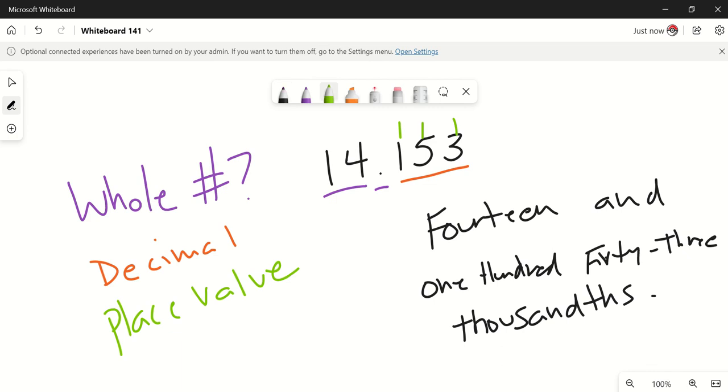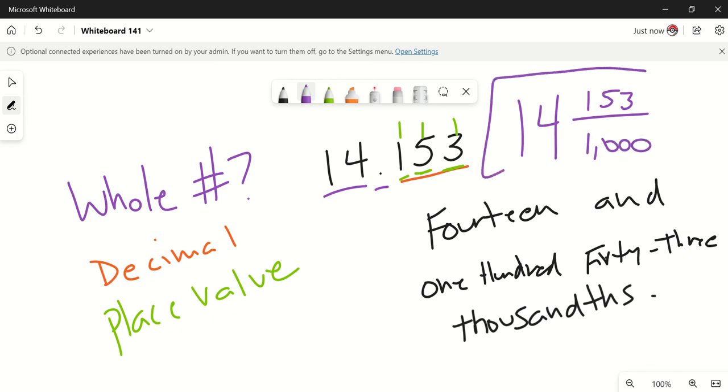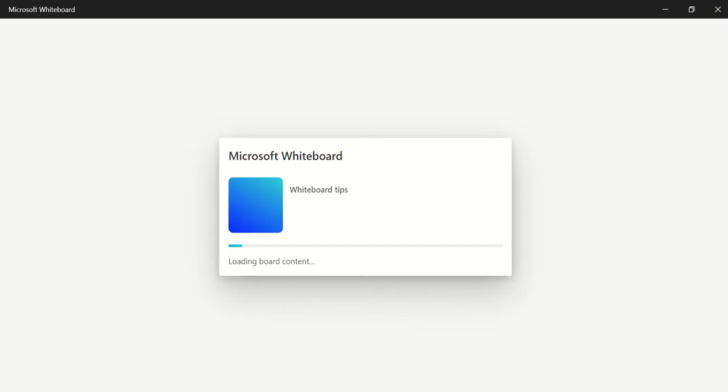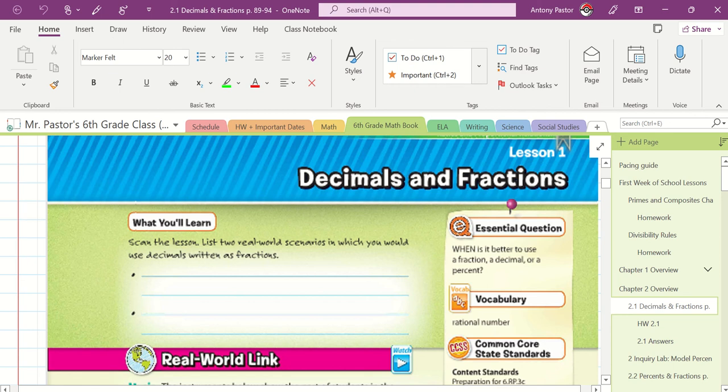Again, tenths, hundredths, thousandths. This would be written as a fraction, 14 and 153 over 1,000. And then you could simplify that later. But this is basically what the chapter wants us to do. So hopefully we added that all to our notes. And let's go ahead and look at what the book wants us to do.